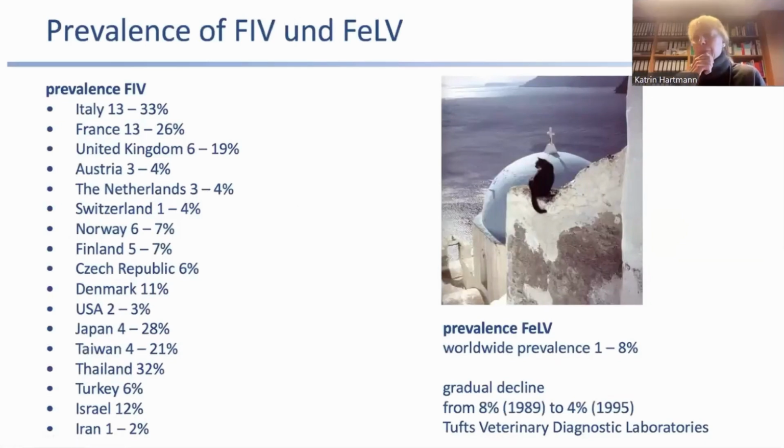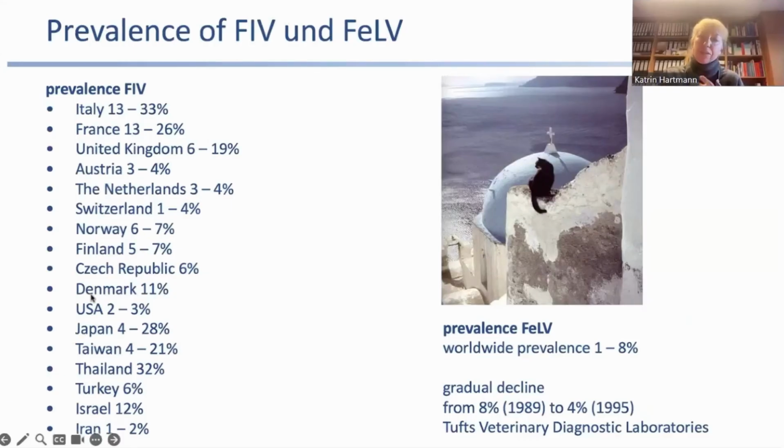So how about prevalence? How common are these infections? This is an older slide, but it shows there's a lot of difference in FIV prevalence, really depending on how many stray cats you have. The higher the stray cat population, the more FIV you will find. For FeLV, there's more of a balance.